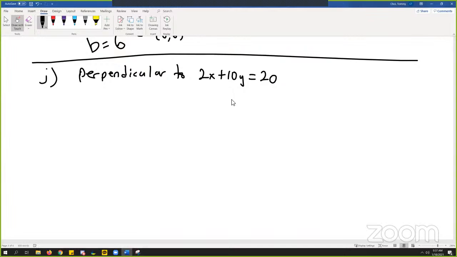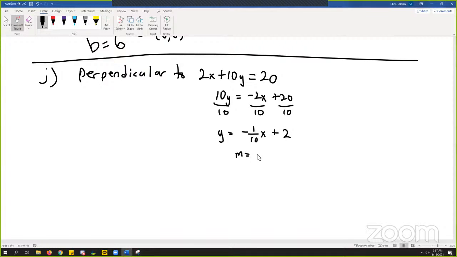So the first step here is we need the slope, so we need to rearrange this to y equals mx plus b. So moving the 2x to the other side, I'm going to get negative 2x plus 20, and dividing it by 10 on everything, I will get y is equal to negative 1 over 10x plus 2.